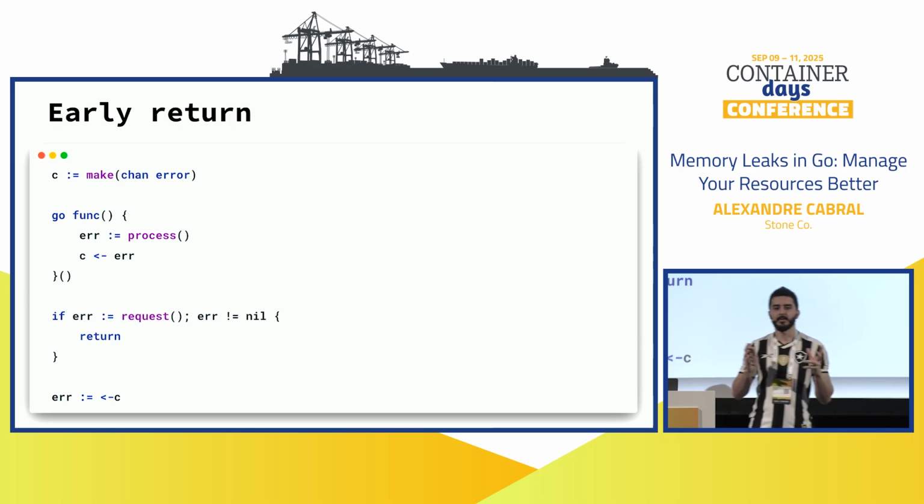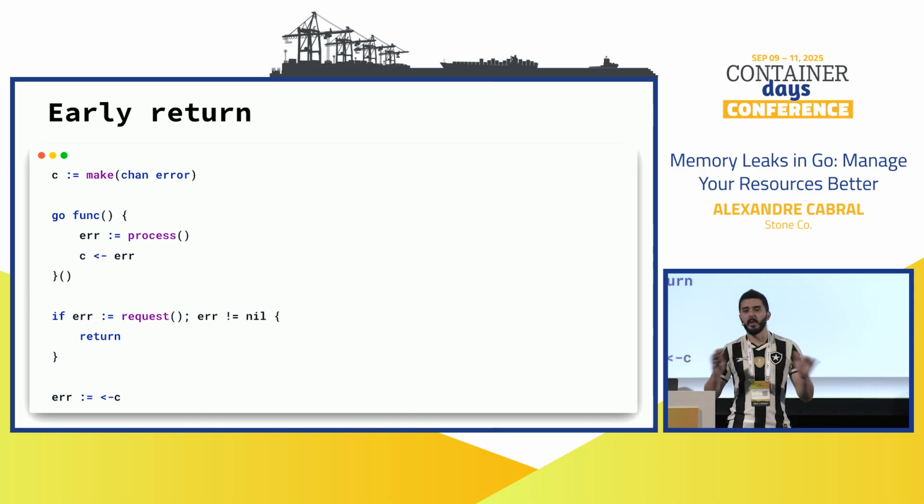Unbuffered channels must have an active producer and consumer at the same time. If you don't have an active consumer or producer, one of the goroutines will get blocked, okay? And this is not a compile error, so you can run this code. It's a runtime issue that can happen. The compiler can't help you, okay?